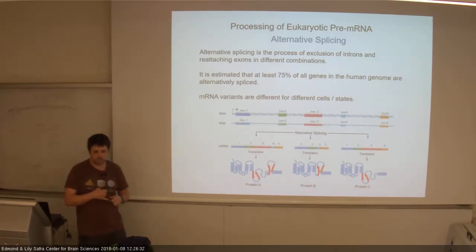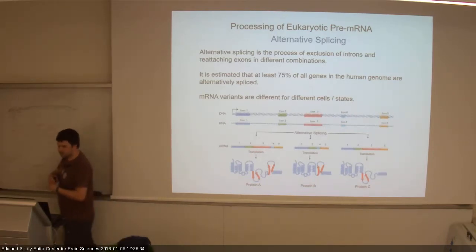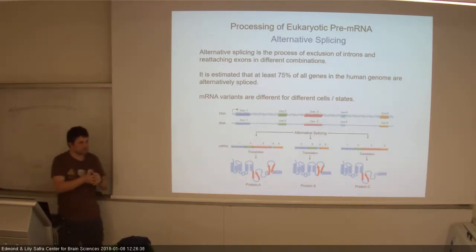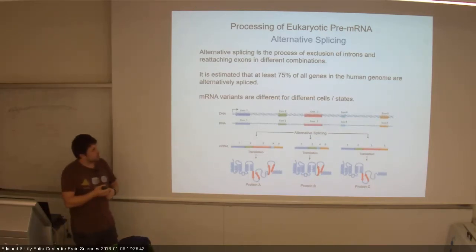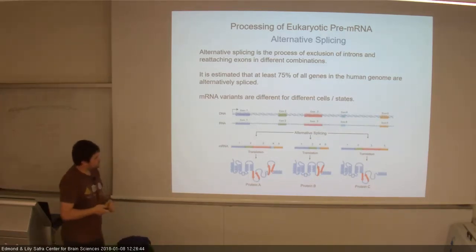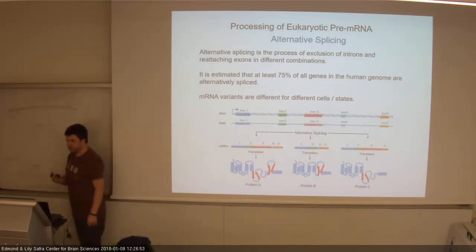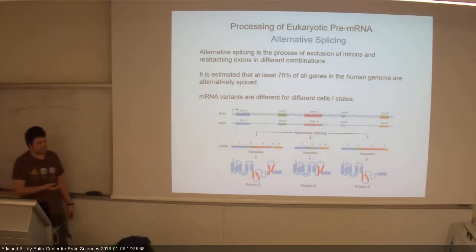Okay? So under certain conditions, for example, if we take the same cell and put it under stressful conditions, this can trigger a change in the way that the cell will interpret which of the sequences of the gene will be considered an exon and which will be considered an intron. And this whole concept is called alternative splicing.